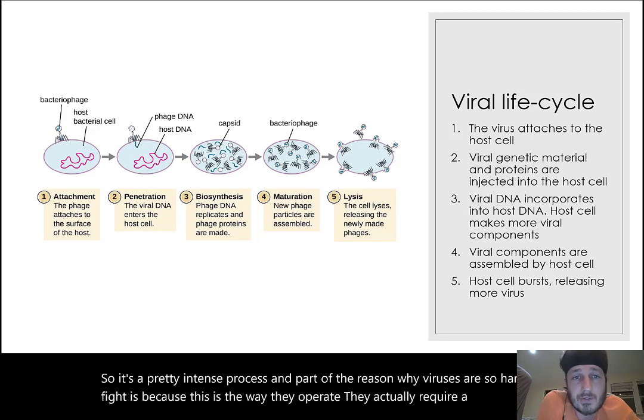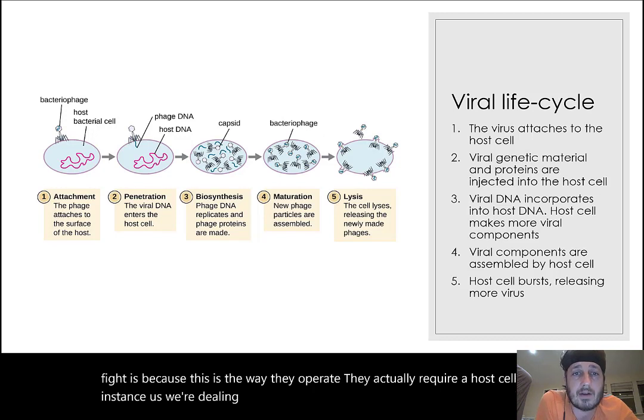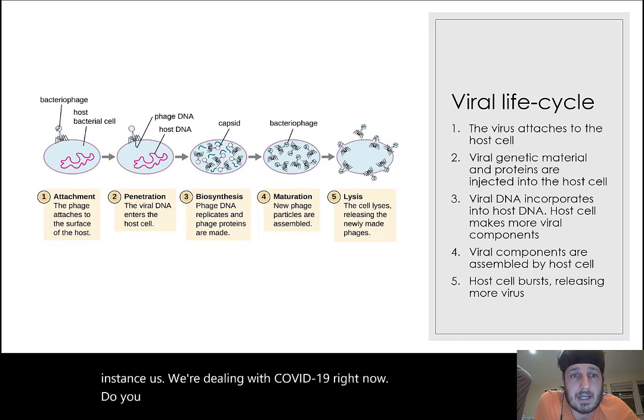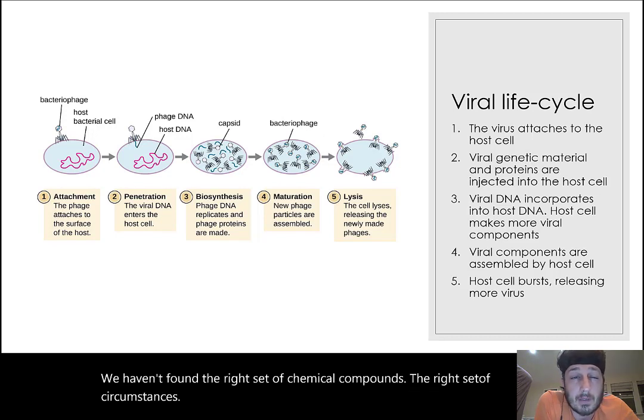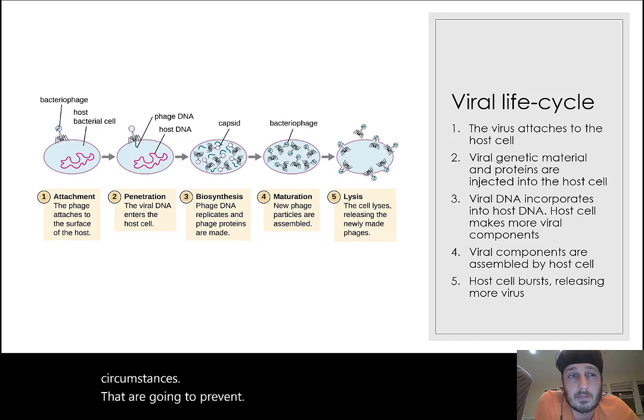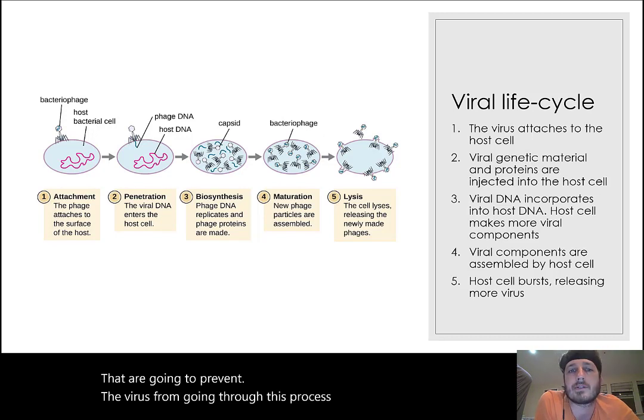For instance, we're dealing with COVID-19 right now. Why don't we have a vaccine yet? Well, we haven't found the right set of chemical compounds, the right set of circumstances that are going to prevent the virus from going through this process without killing our own cells.